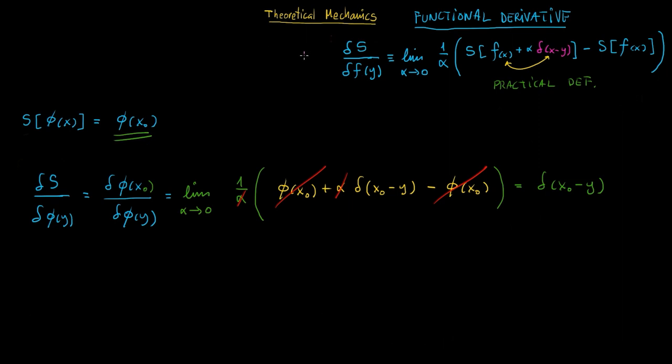So this is a definition, and we have the property 1, if you want, that the functional derivative of phi of x with respect to phi of y is delta of x minus y.